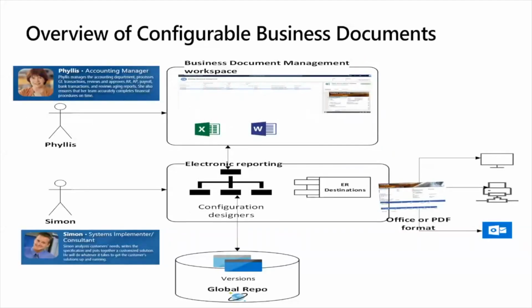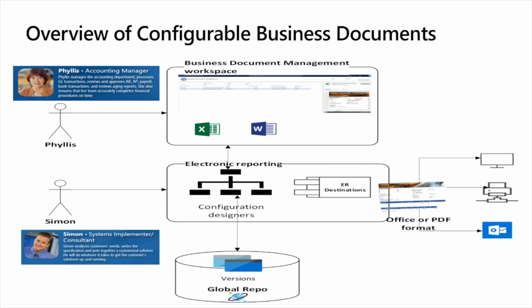Okay, just a quick overview of configurable business documents. We're targeting two personas, Simon and Phyllis. Simon is a functional consultant, so he is not a developer, but he is quite technical and he knows a lot of functionality. And we have released for Simon the tool called electronic reporting. It's available since the beginning of the FNO cloud version.